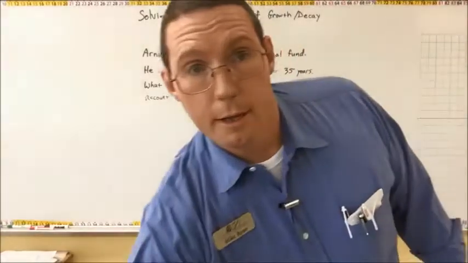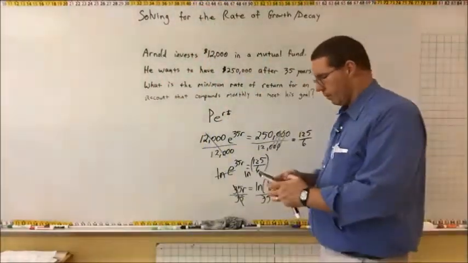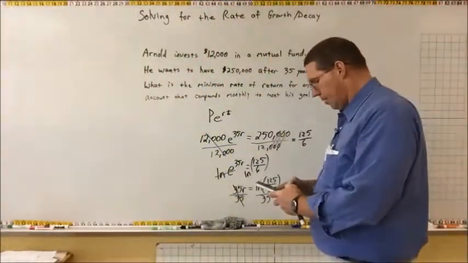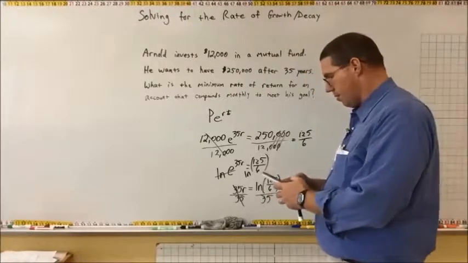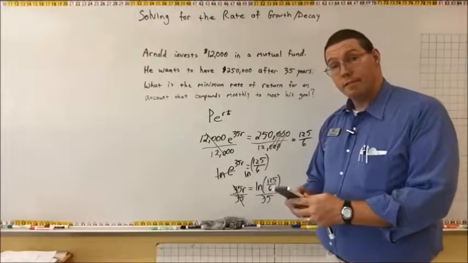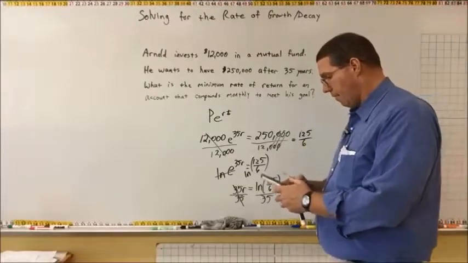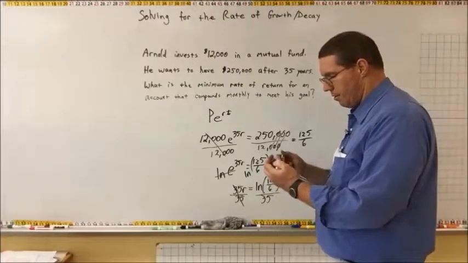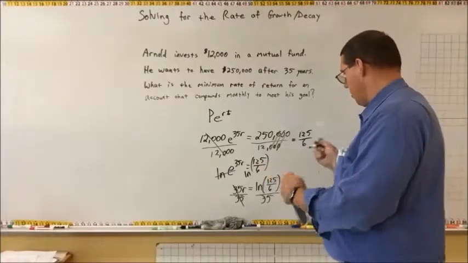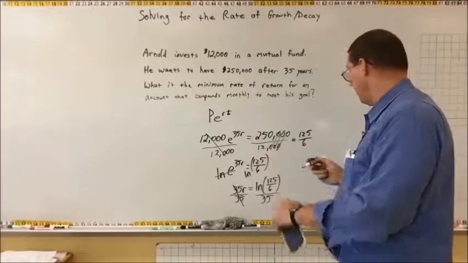So I'm going to grab a calculator. And I'm going to type in the natural log of 125 over 6, close, divided by 35. And what I get for r is 0.08676. Let's put 0.0868.